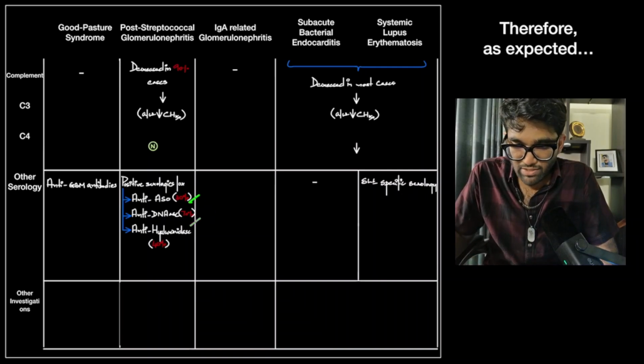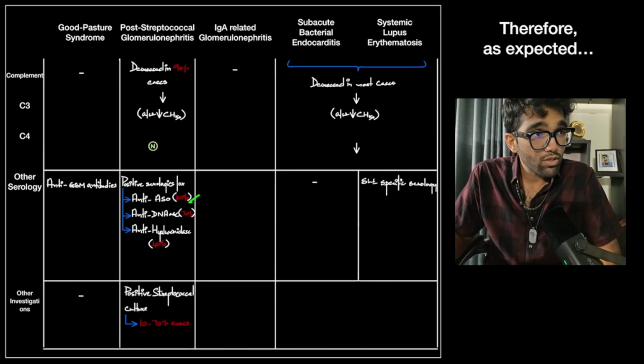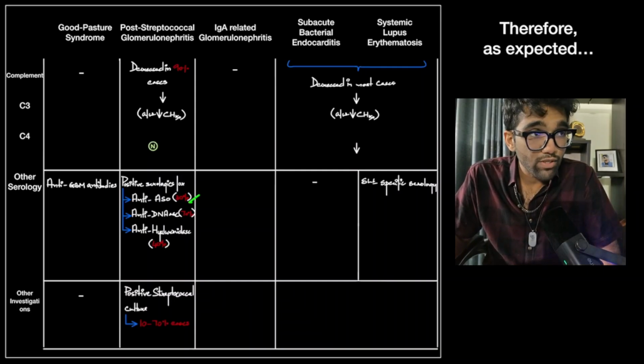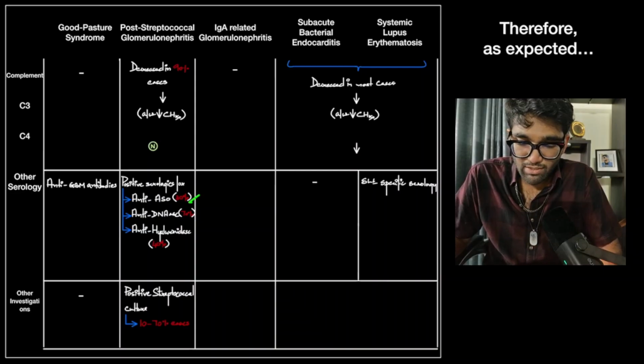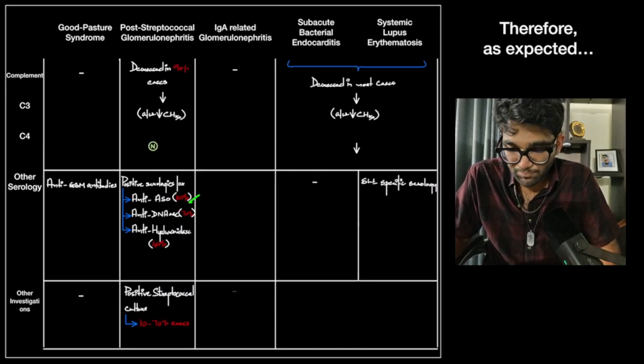Now, other investigations that one might do: in case of post-streptococcal glomerulonephritis, if the patient has come early enough, you can do a swab of the throat or of the skin lesion. And depending on the chronology of when the patient presented, the sensitivity actually varies. It may be very low in late presenting cases, and up to 70% in early presenting cases.